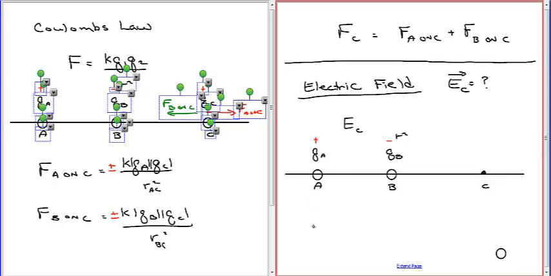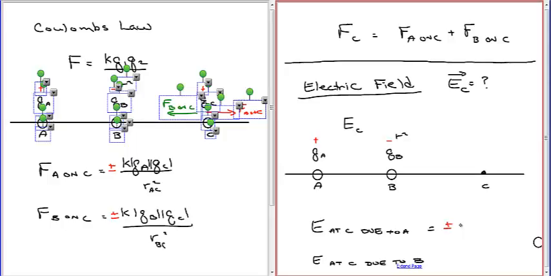So we'll say the electric field at C due to A. And then there'll also be the electric field at C due to charge B. So how do you calculate those things? So the electric field is going to be force per unit charge, so instead of having charge C in there, we don't have it. We still have the plus or minus question.